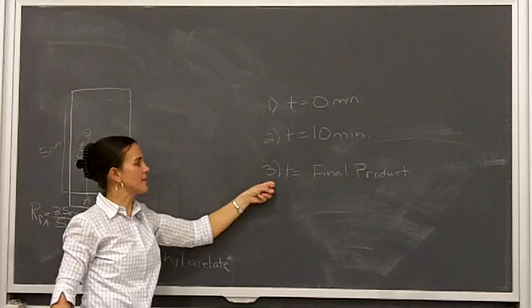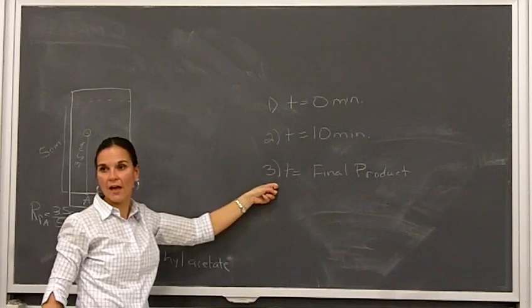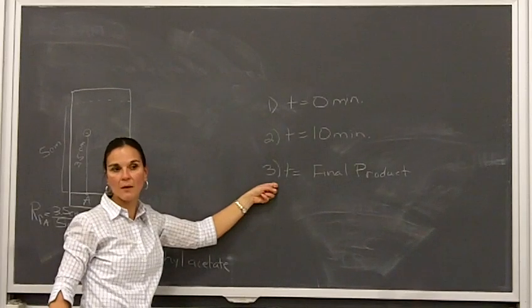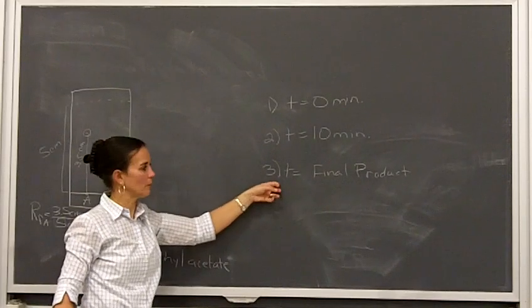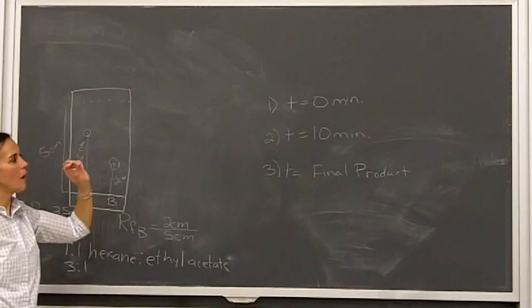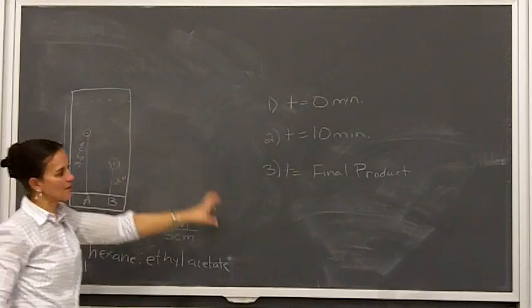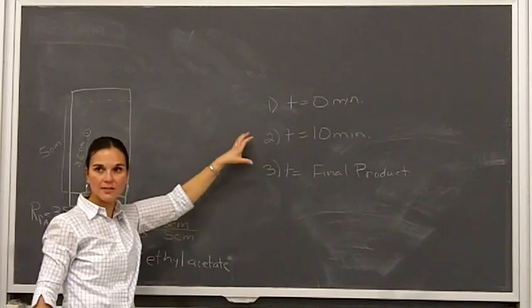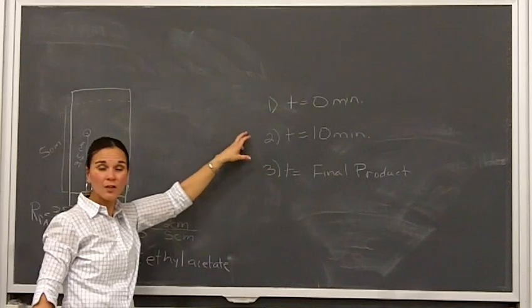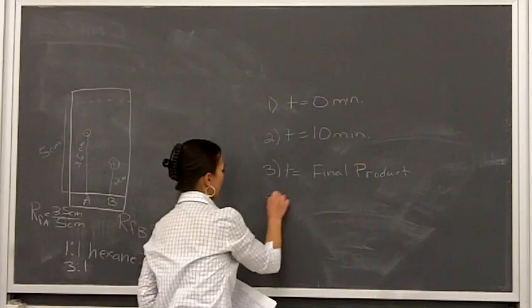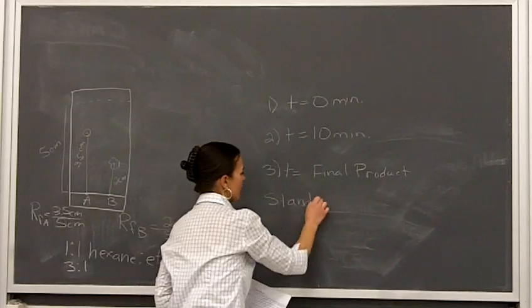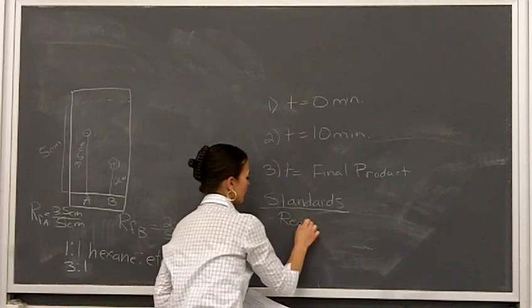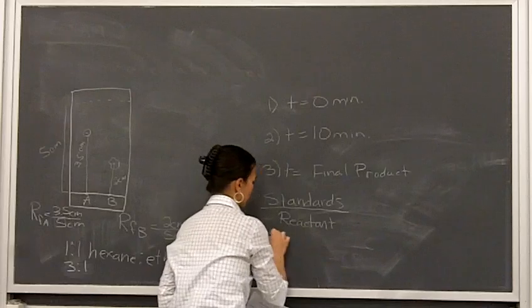When you get down here, you're going to need to dissolve that final product in a little bit of ethyl acetate to be able to spot it on a TLC plate. You probably will not put this all on one TLC plate. You will probably use multiple TLC plates, so your instructor will tell you what they want you to do. Also keep in mind, you'll be spotting with your standards. We've got a reactant standard and a product standard, okay?